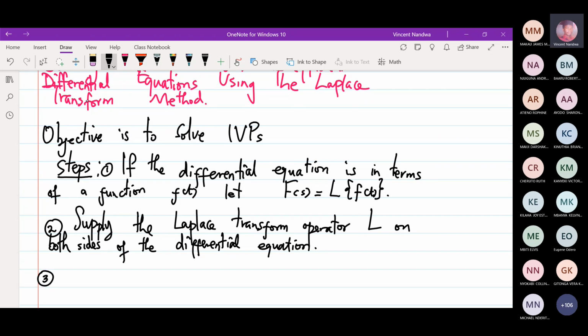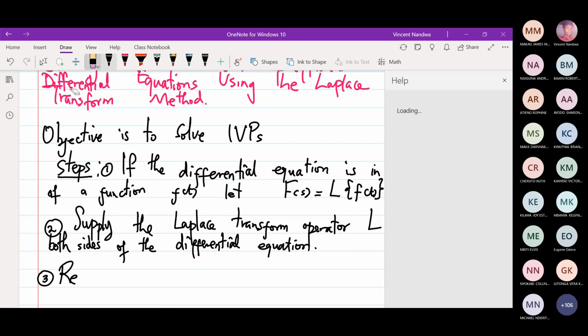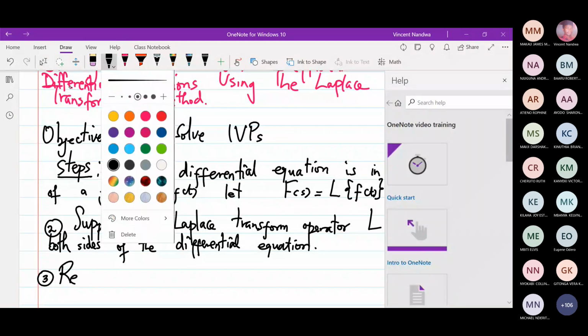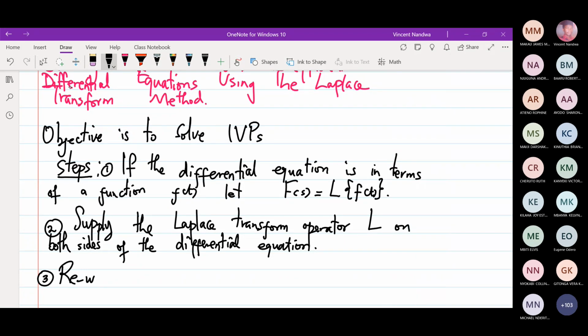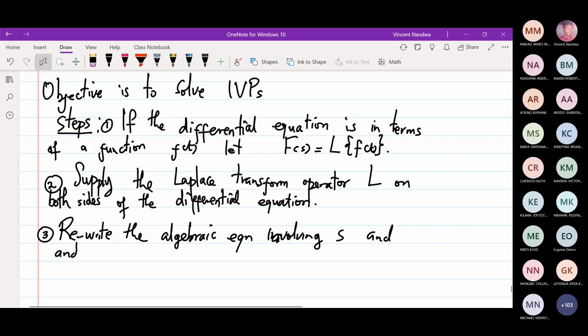Third, rewrite the algebraic equation involving s and make capital F the subject.